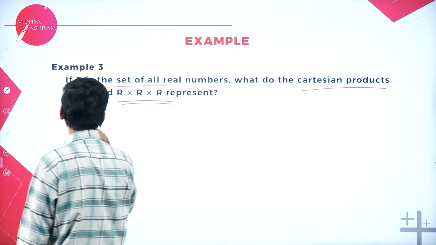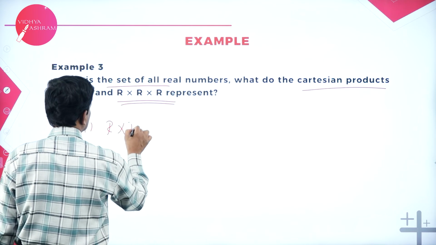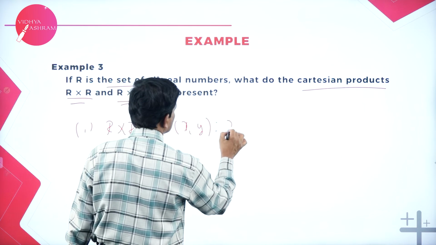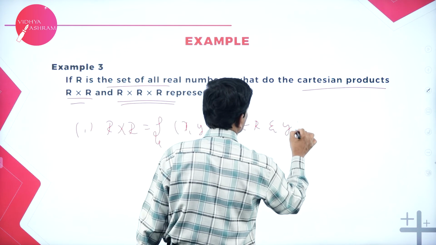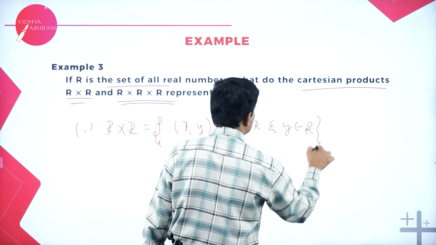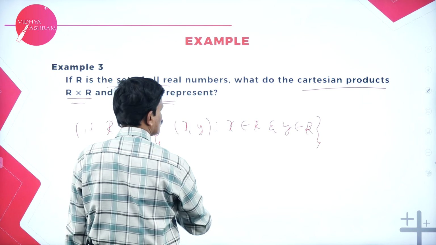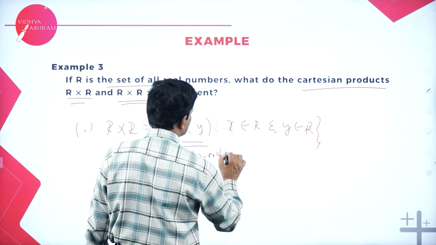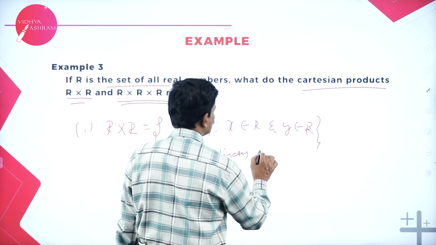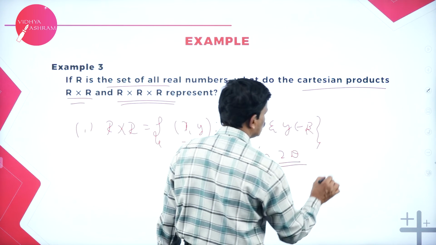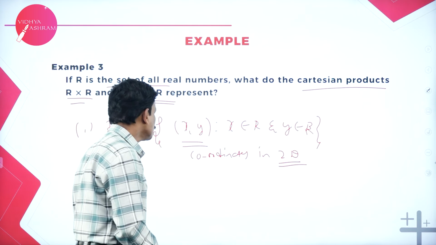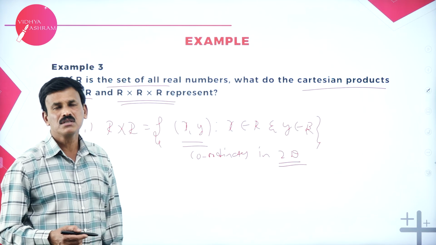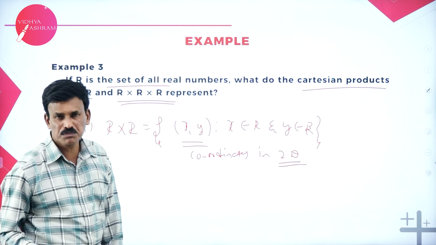So, here the first one, R cross R, the set of real numbers by real numbers, is of the form (x, y) such that x belongs to R and y also belongs to R. So, the ordered pair (x, y) represents the coordinates in 2 dimensions. These are the coordinates of all the points in 2D space.